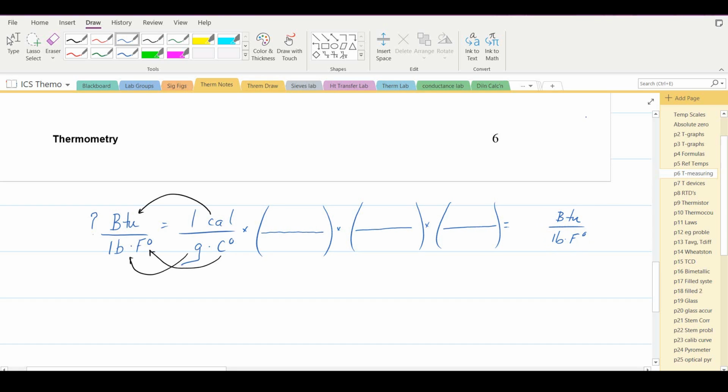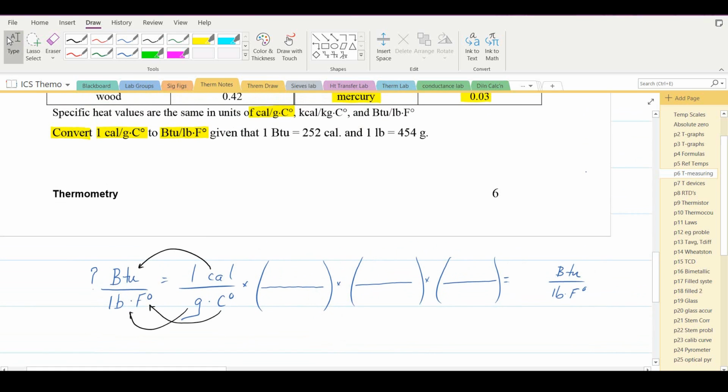So to convert calories to BTUs, we're given here that 1 BTU is equal to 252 calories. So I want to cancel out calories, put those in the denominator, and go to BTU, so make sure that's in the numerator. And we just said here that 1 BTU is 252 calories. So just follow the units. So calories will cancel. We would now have units of BTUs per gram Celsius degree.